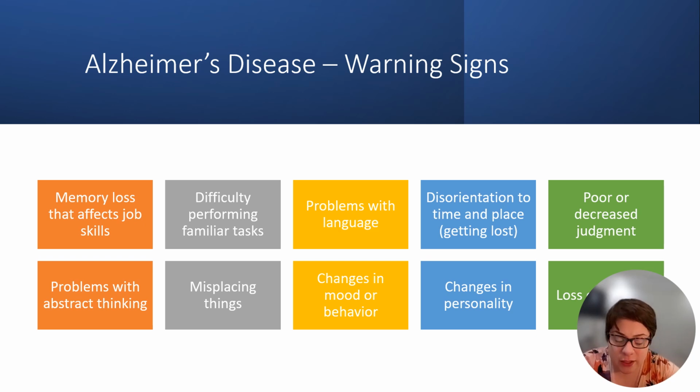So the first thing we notice with Alzheimer's is a loss of well-learned skills that were present previously, to the extent that it inhibits one's ability to perform standard actions. So what we see is memory loss that causes difficulty performing, for example, job skills, and also difficulty performing familiar tasks. So job skills might be a sudden inability to, for example, interact with a particular computer program.